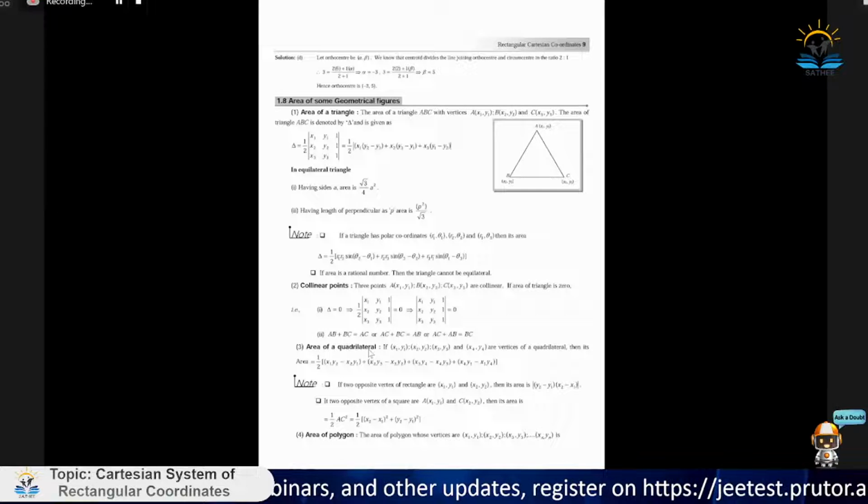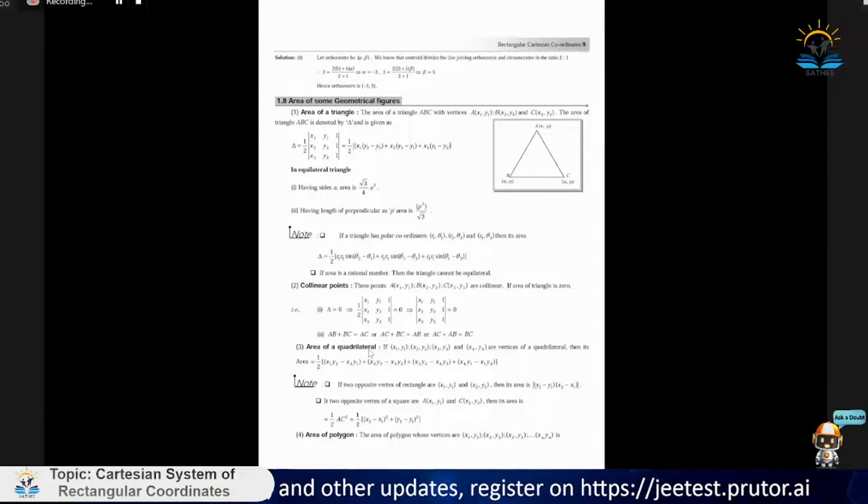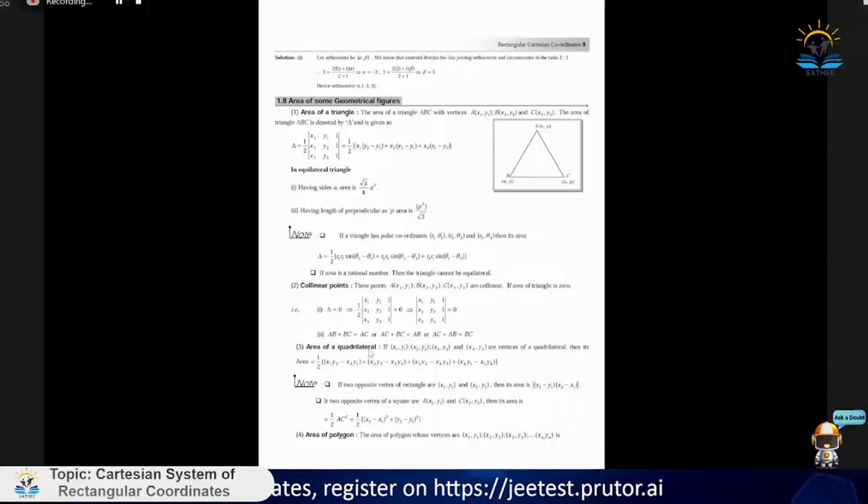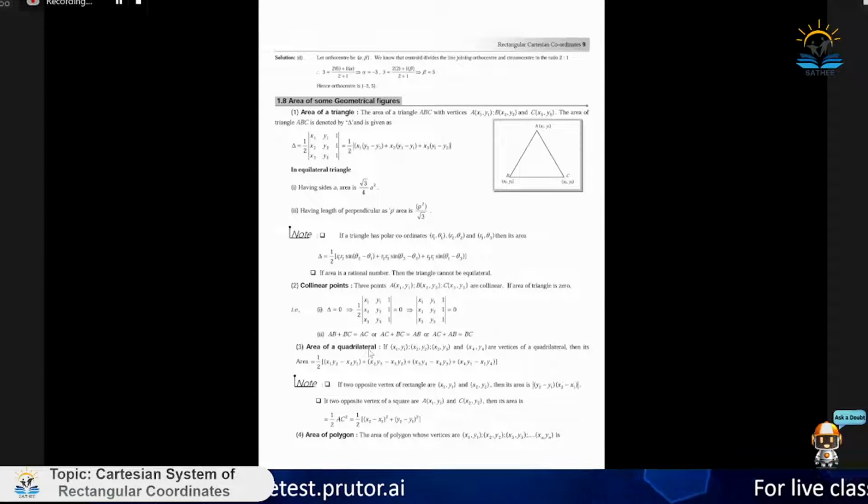You have to understand that if the sides are integers, then the area cannot be rational for an equilateral triangle, and if the area is a rational number, then the triangle cannot be equilateral.